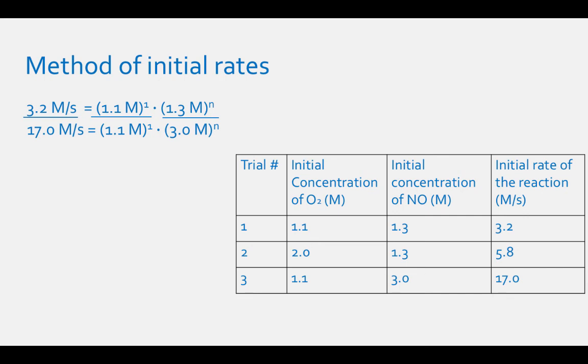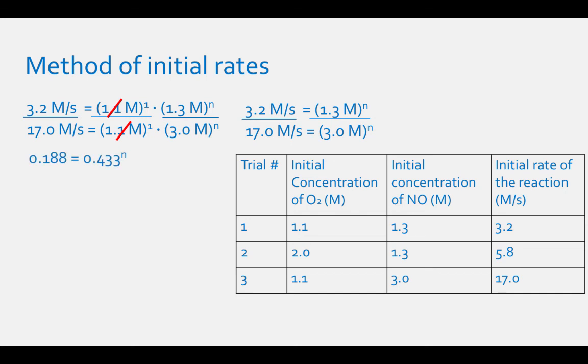Now our oxygen concentrations will cancel out, because 1.1 divided by 1.1 equals 1, and even though it is raised to the 1 power, it is still equal to 1. So now we have 3.2 divided by 17 equals 1.3 divided by 3.0 raised to the n power. So 0.188 equals 0.433 raised to the n power.